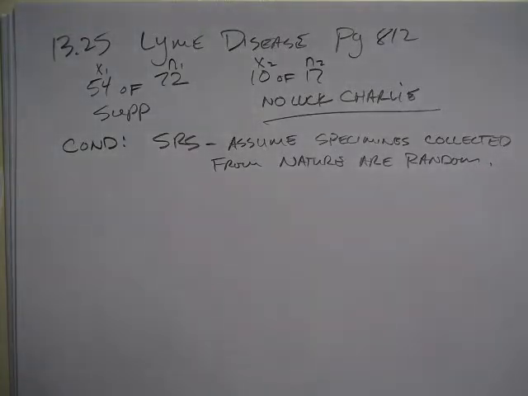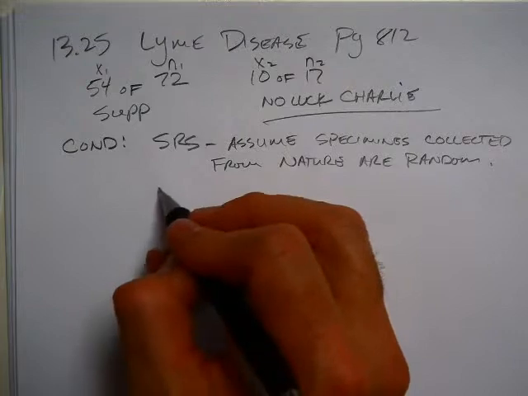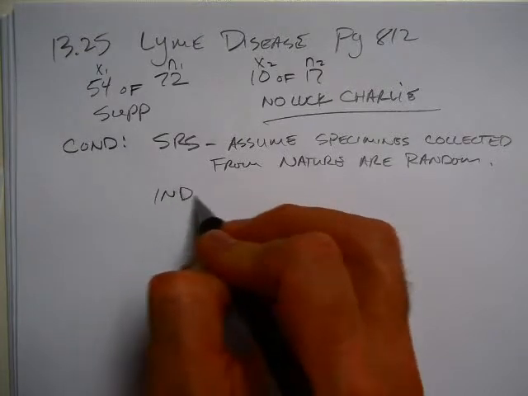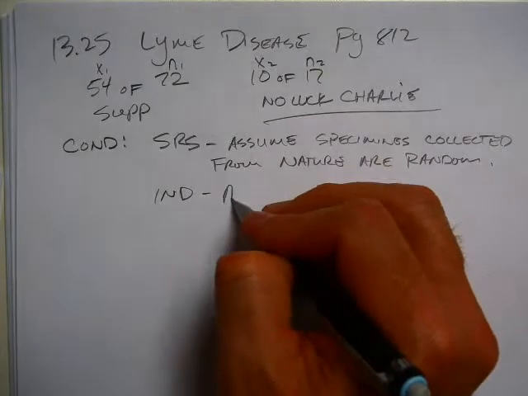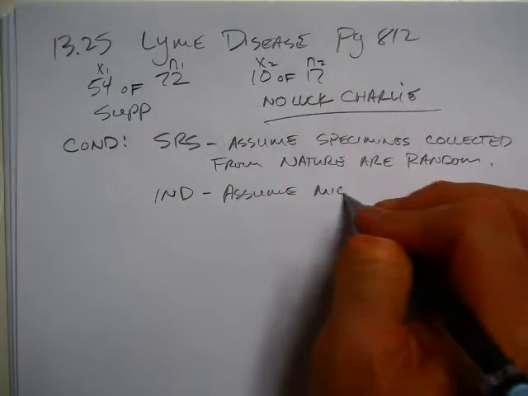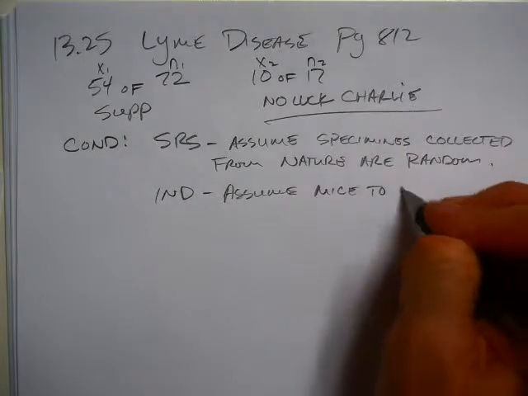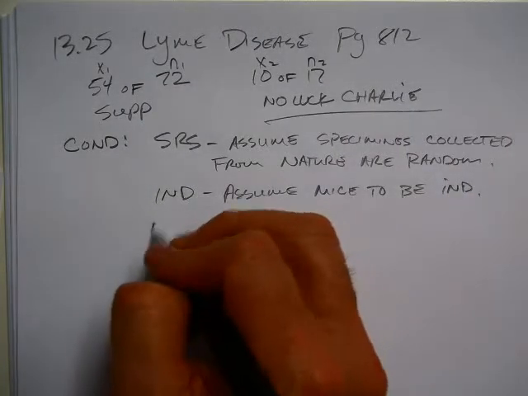So anytime it's something collected out of nature, some biological specimen or something like that, we're going to call it an SRS. Independent. Do you think one mouse is independent from another? I'm thinking, yeah, mice are independent. Assume mice to be independent. Normal.